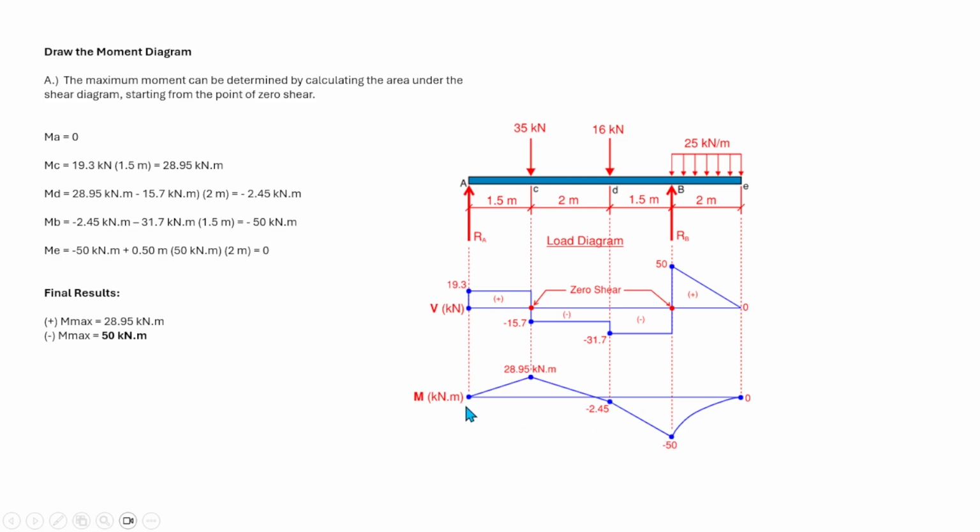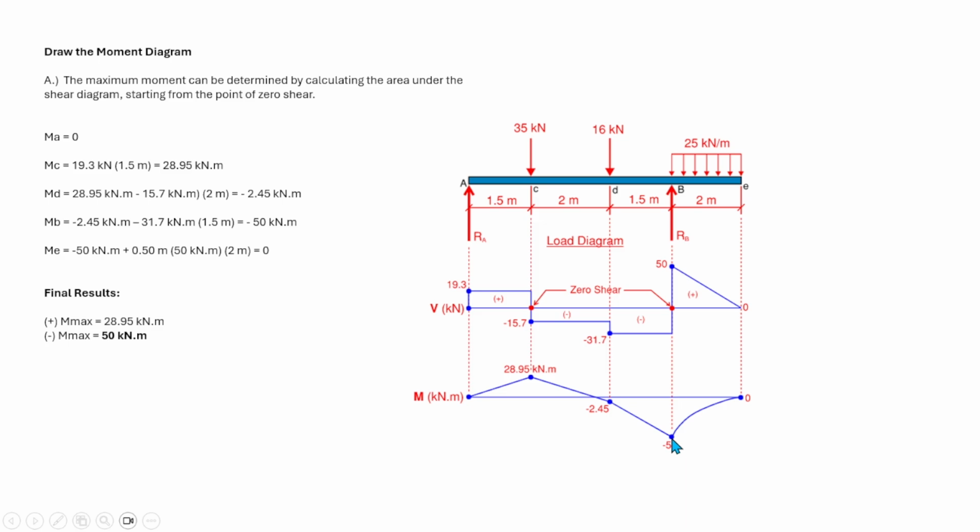When you draw the shear and moment diagrams, if the shear is constant, the moment is linear, first degree. So we have here constant shear, and here linear moment. This one is constant from point D to B, so the moment is linear. But from point B to E, we have a linear shear, so our moment is second degree, which is parabolic.